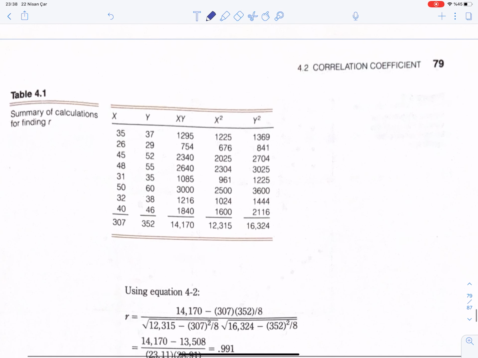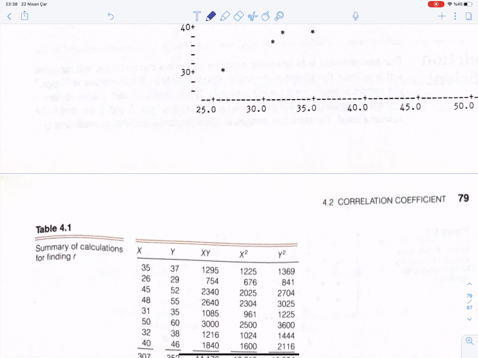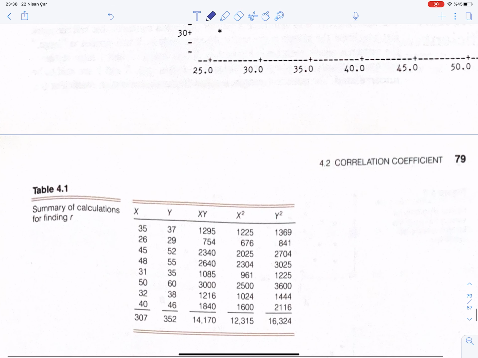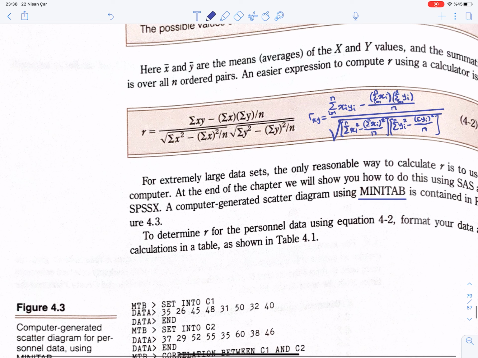If you consider the same example, you need the cross product multiplication of x and y within the formula. You also need the sum of x, the sum of y, and the number of observations, which we know already, and the sum of squares of x and the sum of squares of y.